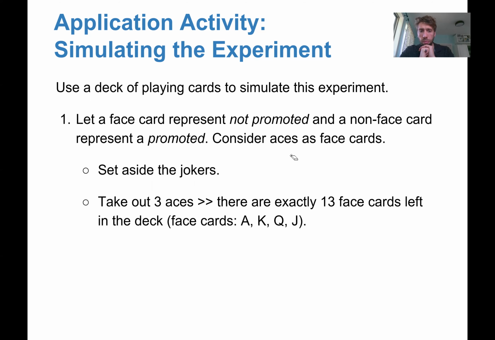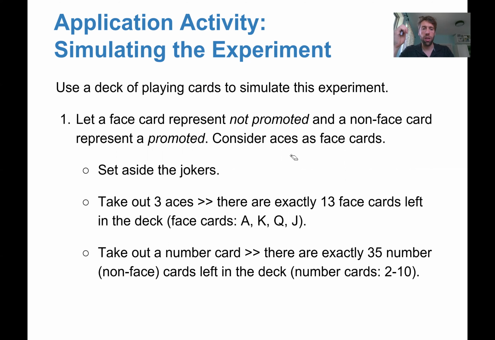So take out 3 aces. Then there should be 13 face cards left: 4 jacks, 4 queens, 4 kings, and 1 ace, after you've taken out the 3 other aces. Then take out a number card, so there should be exactly 35 non-face number cards in the deck. Those are the cards 2 through 10.